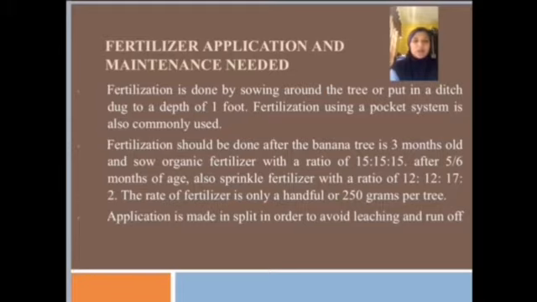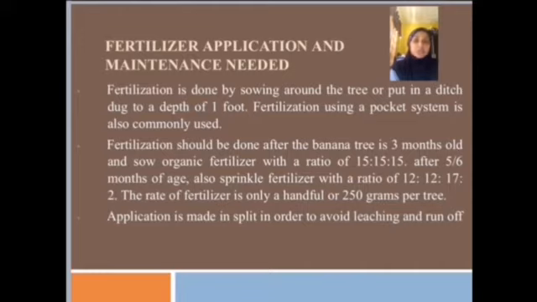Number 2, fertilization should be done after the banana tree is 3 months. Then organic fertilization with a ratio of 50-50-50 after 5 or 6 months of age.